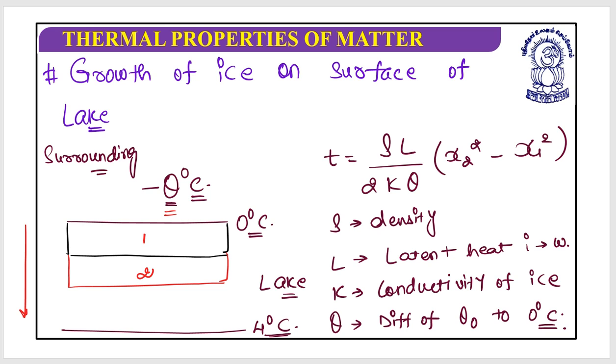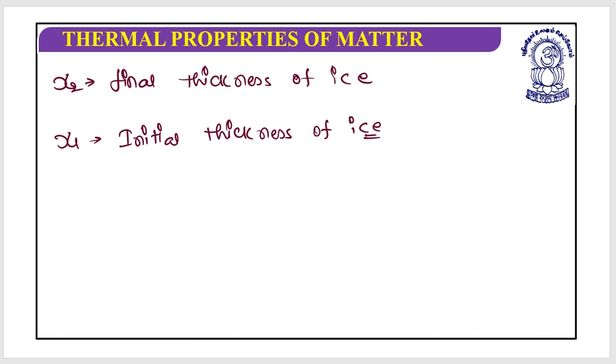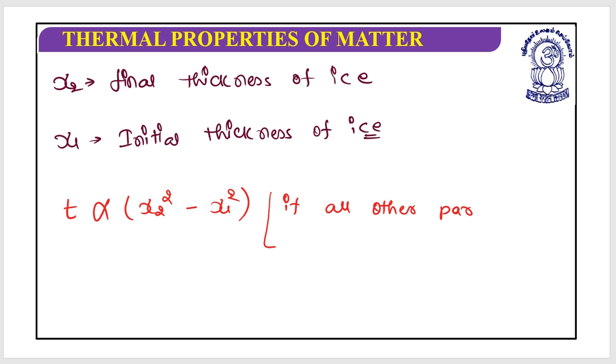If I observe this very carefully, generally these terms rho, L, 2k, theta will remain the same in most cases, and whenever questions are asked, they are based on this fact only: t is directly proportional to x2 square minus x1 square if all other parameters are constant.